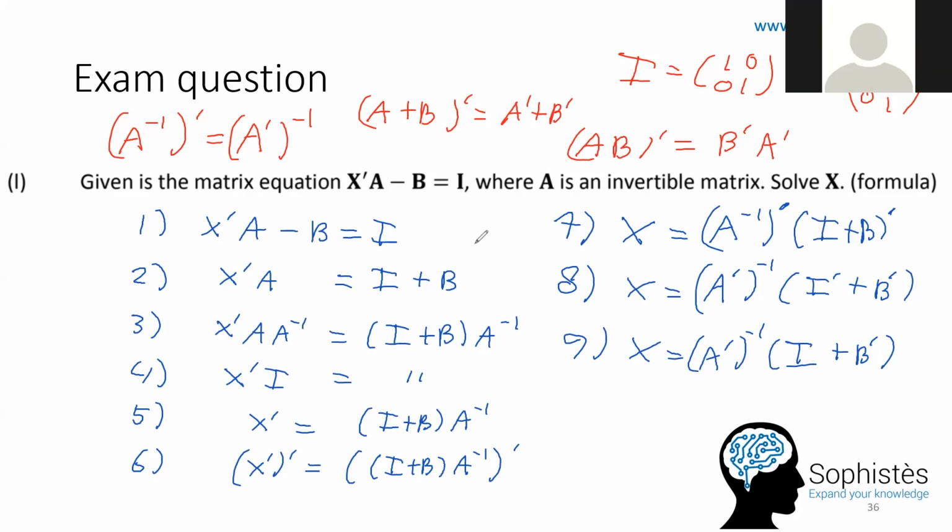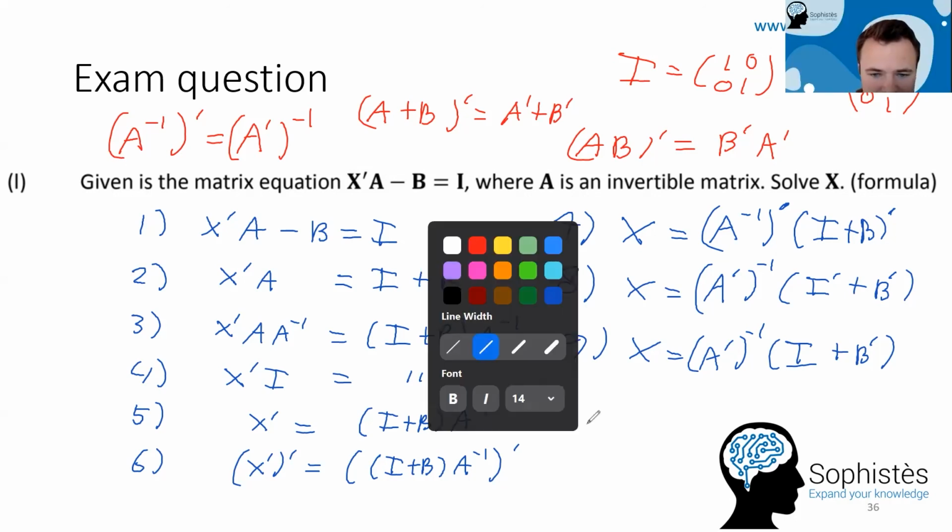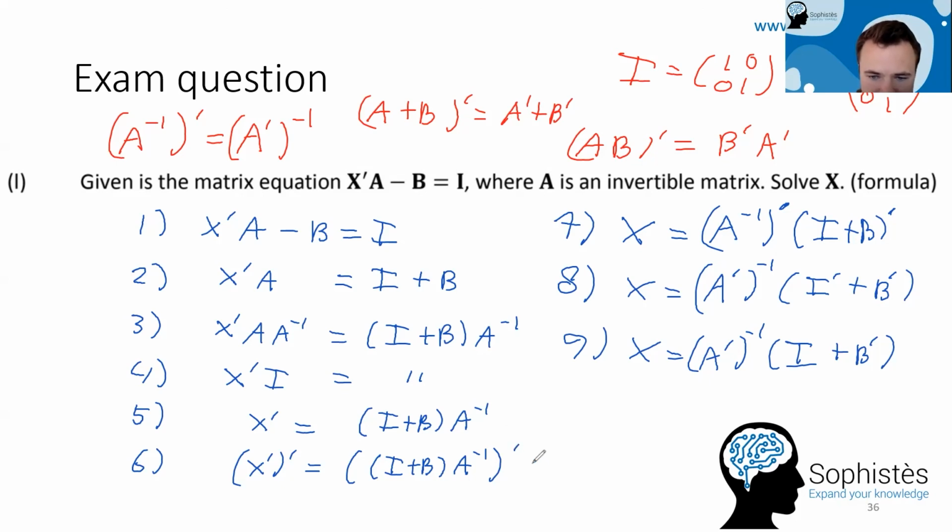Okay, at step 5, what would happen if I would just calculate a to the power -1 with I plus b? Just do it like that. So at step 6, you mean? So here, step 5. Yes. Sorry, could you repeat your question?